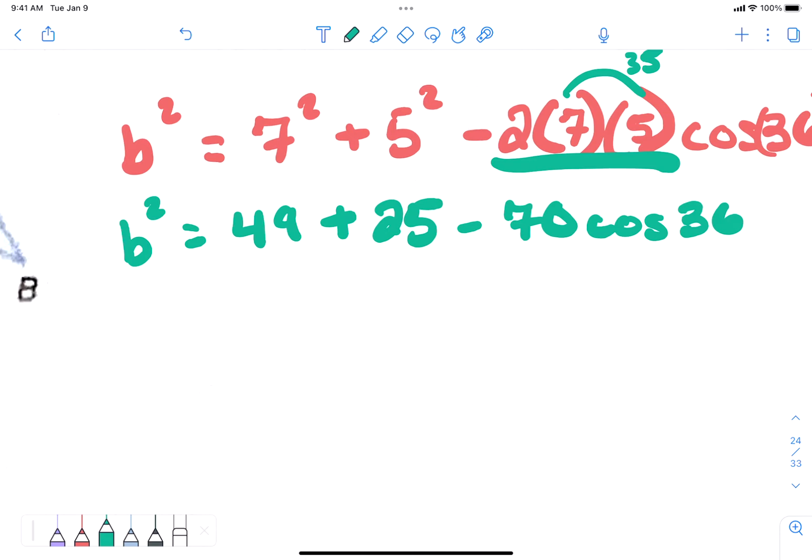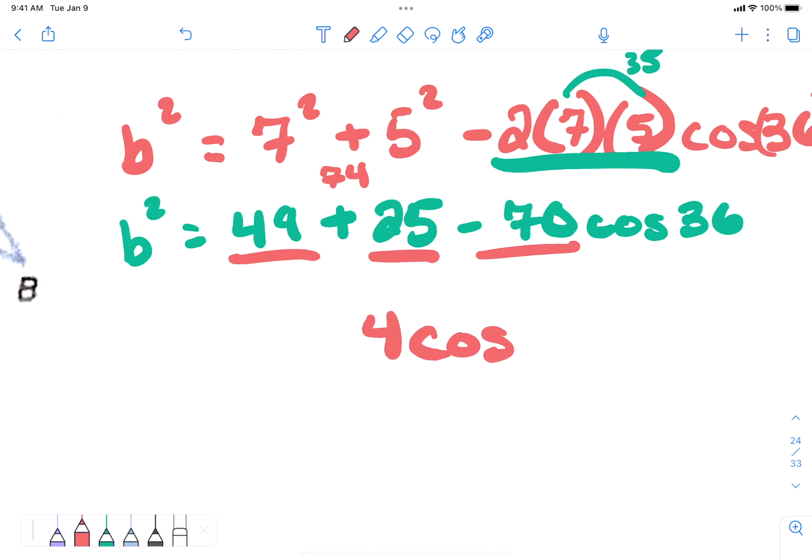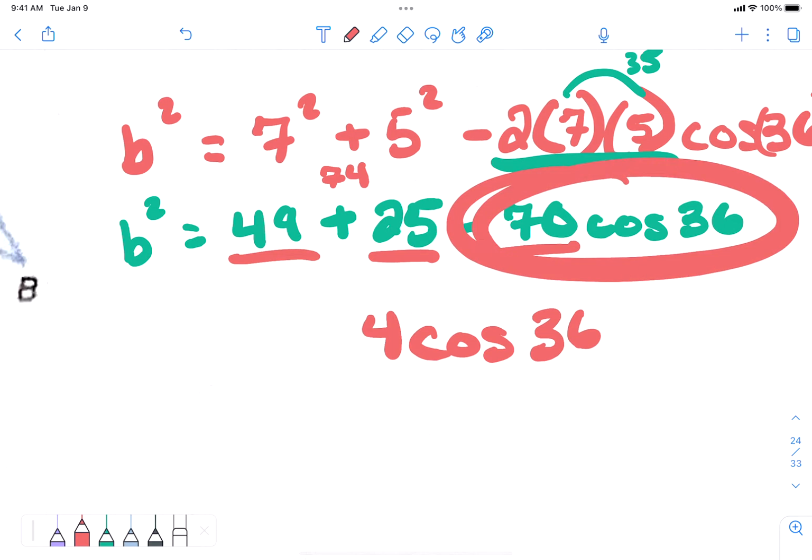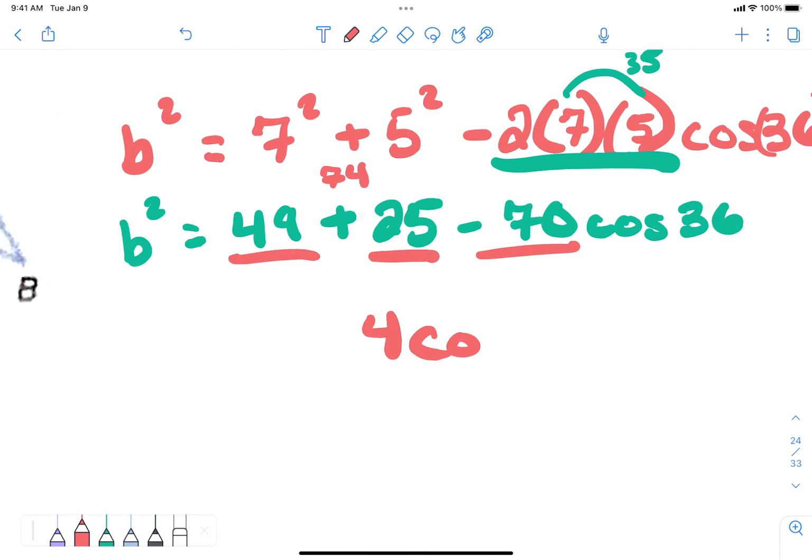So here's the deal. Here's what you cannot do, all right? If you add 49 and 25 together, you get 74, and then he would subtract 70 and he would get 4 cosine of 36. Don't write that down because it's wrong. What is wrong with that? Negative 70 times cosine. The 70 is attached to the cosine of 36. So that's great. You can put these two front pieces together, right?